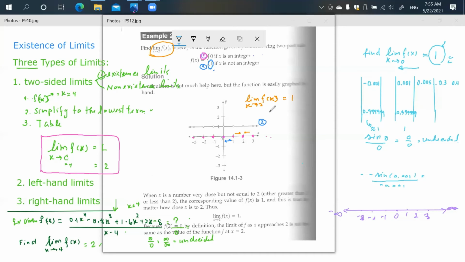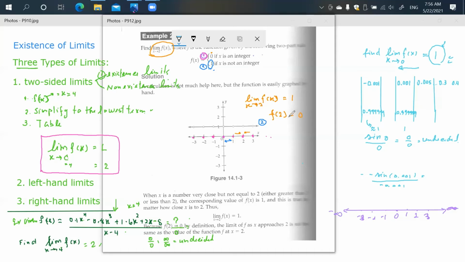So that's the answer. But if you are asked for the function f of x when x equals 2, what are we going to answer? When x equals 2, like you learned in the previous year, you replace x here. x equals 2 is an integer, right? So your answer equals 0, correct?